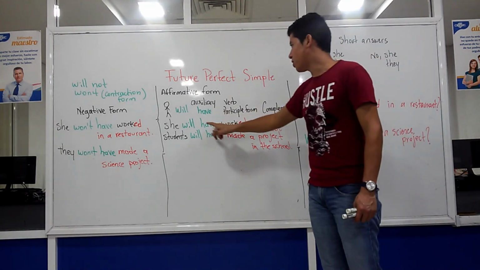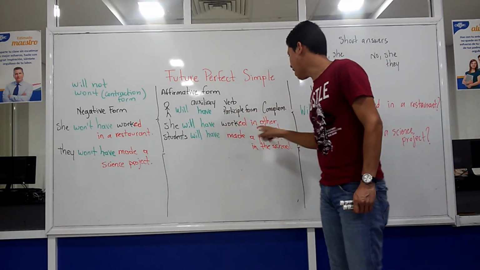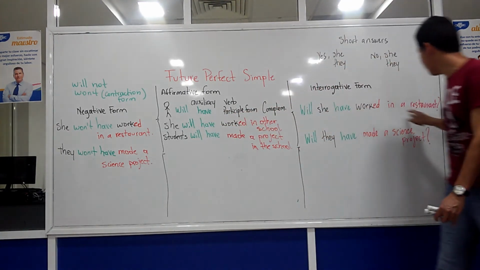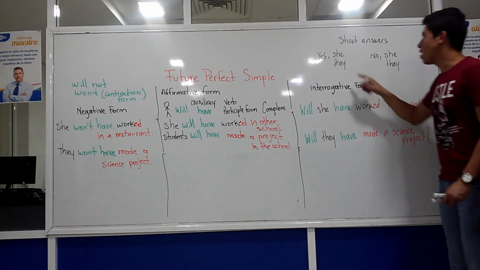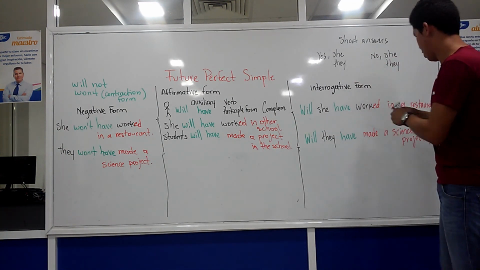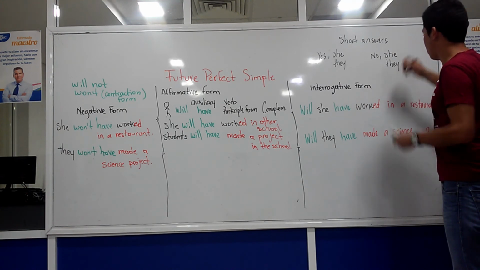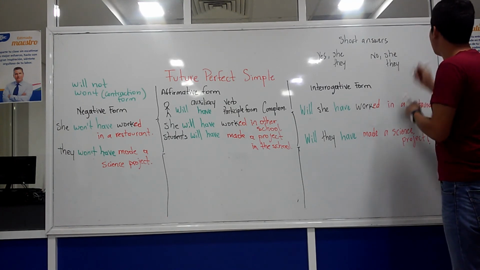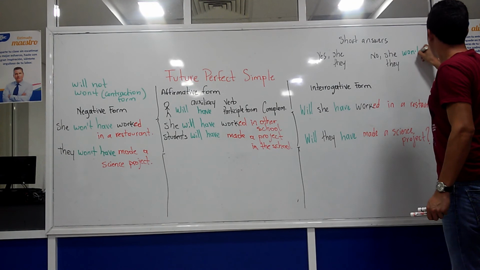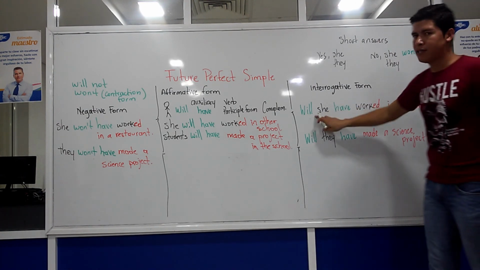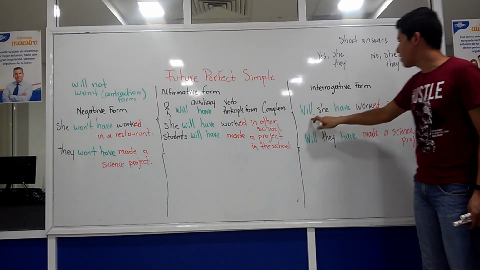In affirmative form, saying she will have worked in another school. The school, no, it is in a restaurant. And I answer no, she. No, she. Use the auxiliary won't. I use won't because that is the mark in question form in English.